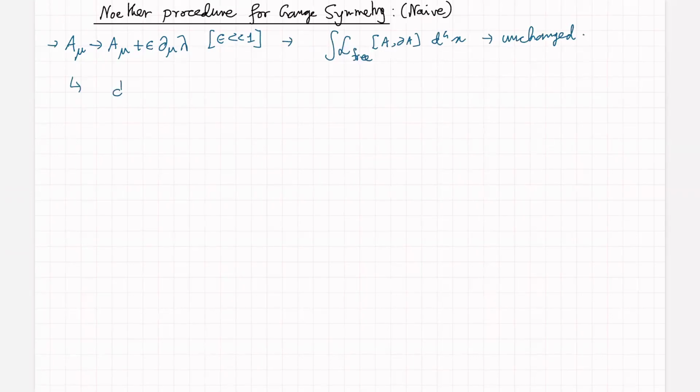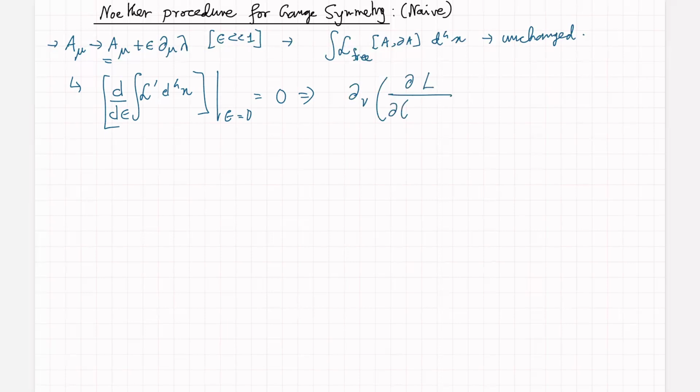This means that if I do this transformation to this Lagrangian and I get a new Lagrangian, let's call it L prime, and I take its derivative with respect to epsilon and evaluate it at epsilon equals 0, this is also 0, simply because the action has not changed at all. And from there, you can derive the usual standard Noether's current.